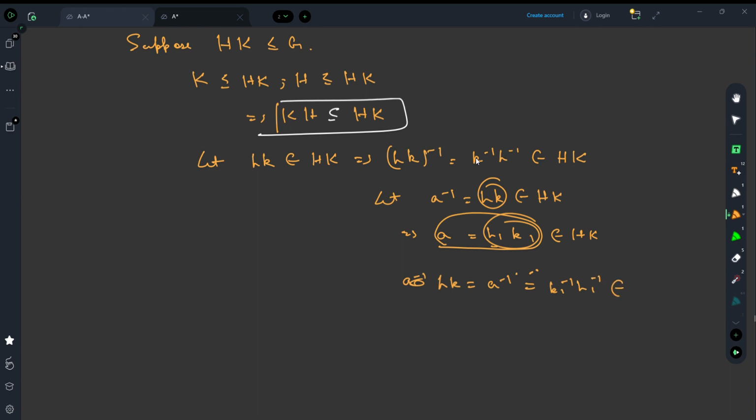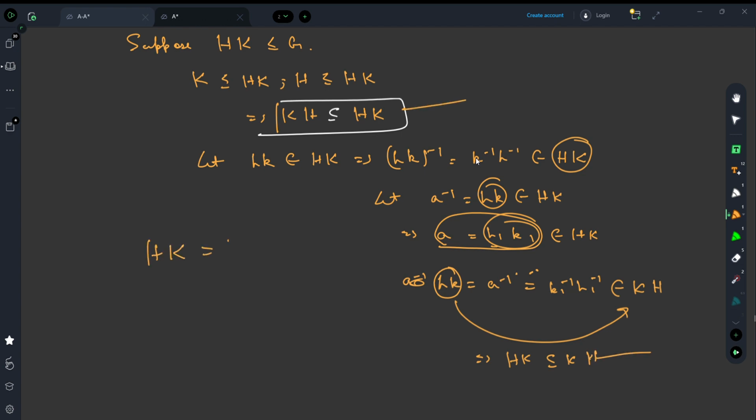But K1 inverse H1 inverse is an element of KH by definition. So I choose an element of HK arbitrarily and I show it to be an element of KH. That precisely means that HK is contained in KH as well. But that means from here and from here, HK must equal KH whenever HK is a subgroup of G. This is one fair observation.